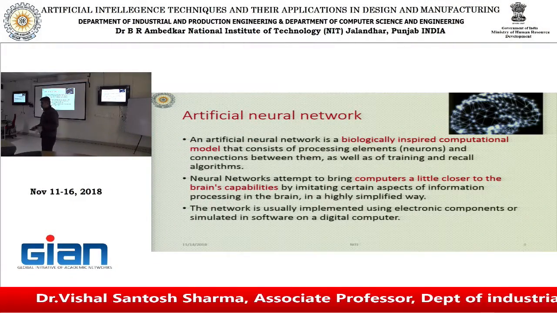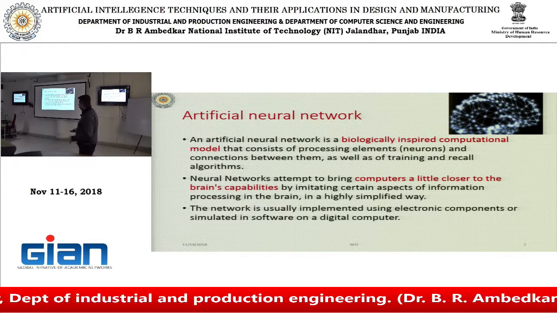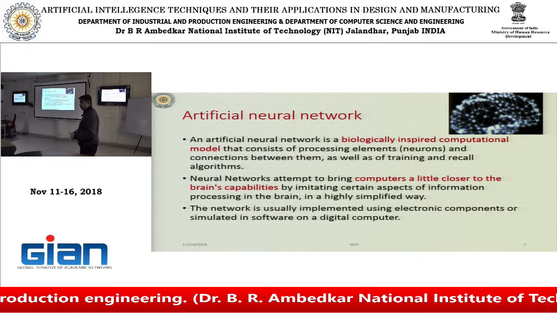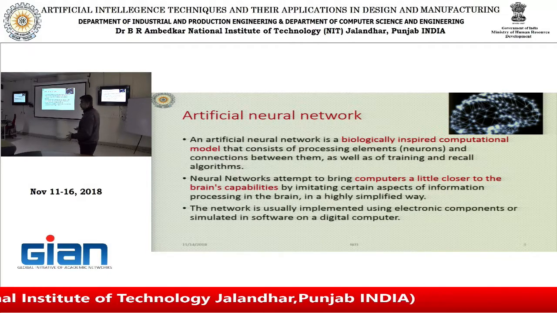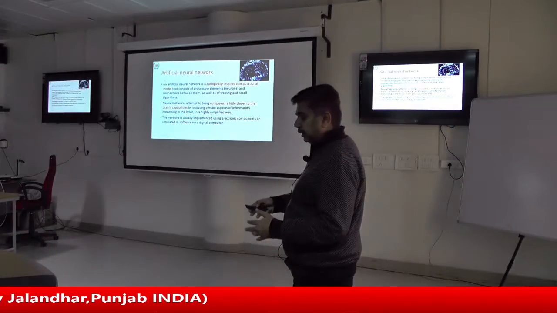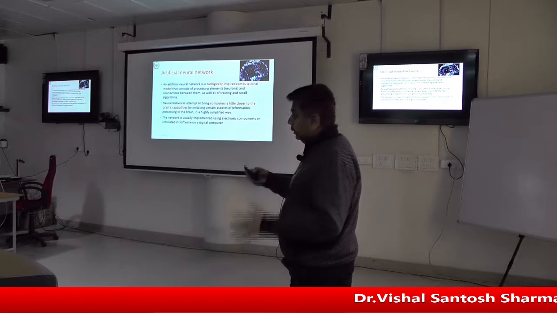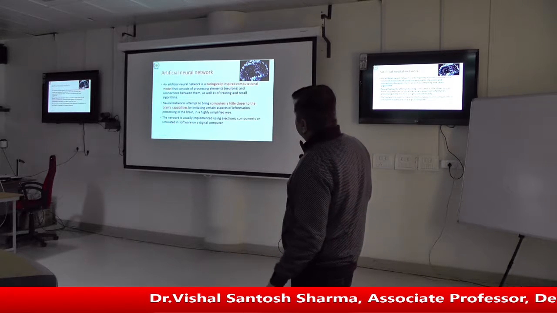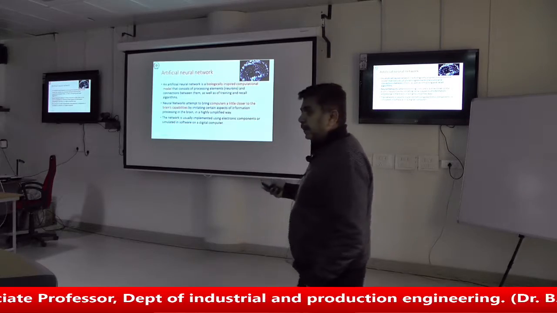So what is an artificial neural network? Basically, it is a biologically inspired computational modeling technique. Scientists try to mimic and predict what is happening inside the human brain, and they assume that such a complex network is there.